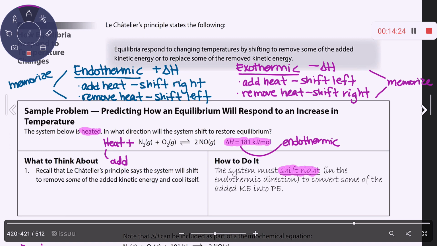Now, when you change the temperature on things, we're going to be dealing with changing kinetic energy and potential energy. So heat makes things move. So that means we have added kinetic energy because everything's moving more. And by shifting right, we're converting it into potential energy, which is now stored, and that helps me get back to equilibrium, okay? All right, turn to the next page when you're ready.